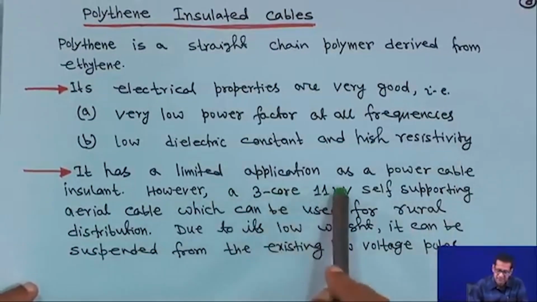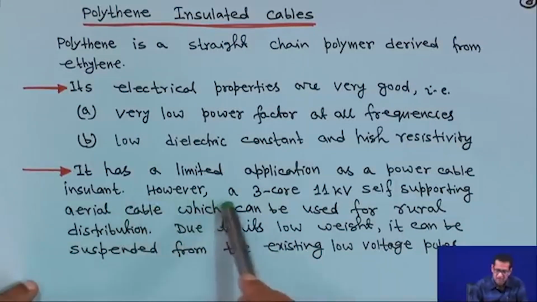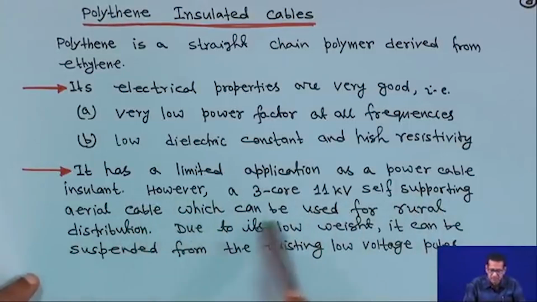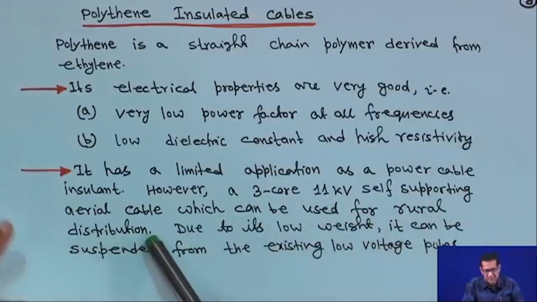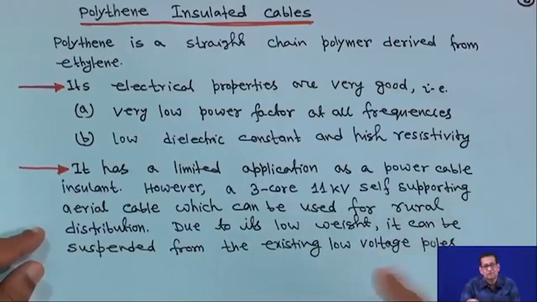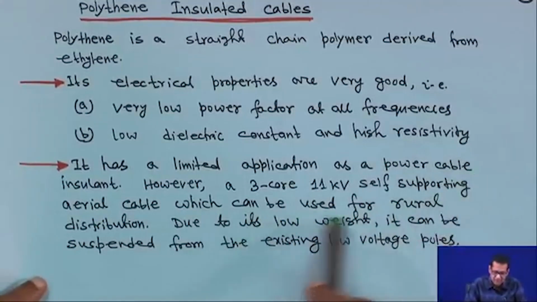It has limited application as a power cable insulant. However, a 3 core 11 kV self supporting aerial cable can be used for rural distribution. Aerial cable means not buried in the ground; you can take it through towers or some kind of arrangement. Due to its low weight, it can be suspended from the existing low voltage poles.